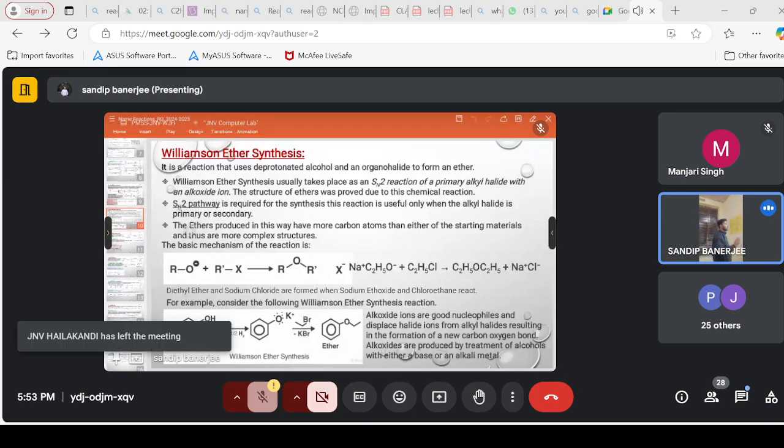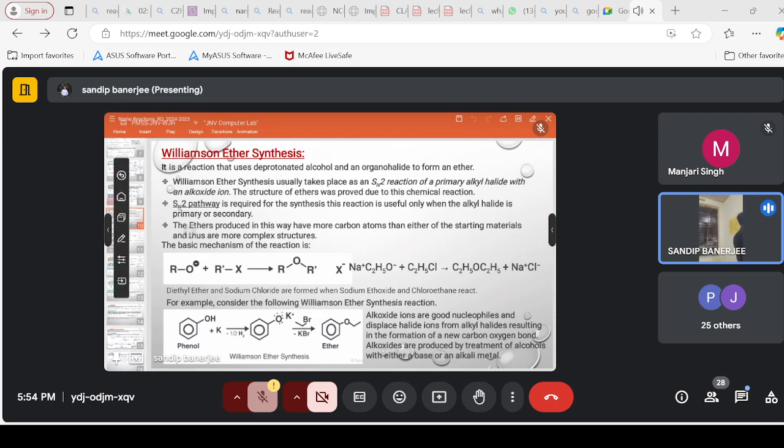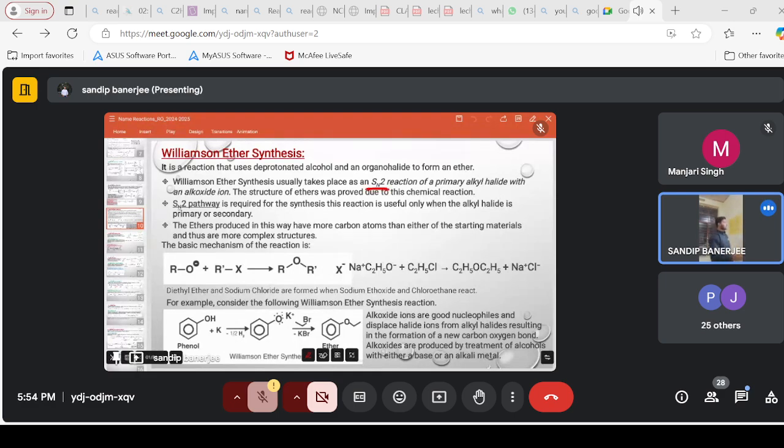Please follow it. Basically, Williamson ether synthesis is the process by which you can produce both symmetrical and asymmetrical ether. That's why this is so important. And this process actually runs via the SN2 pathway. This is most important. And here the starting material is nothing but your alkyl or aryl halide system.